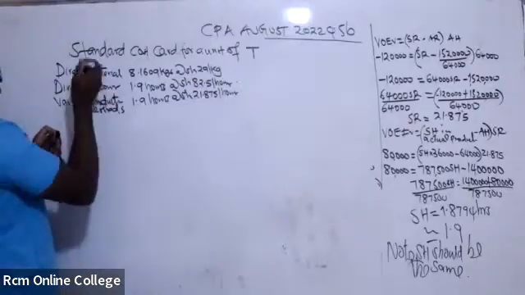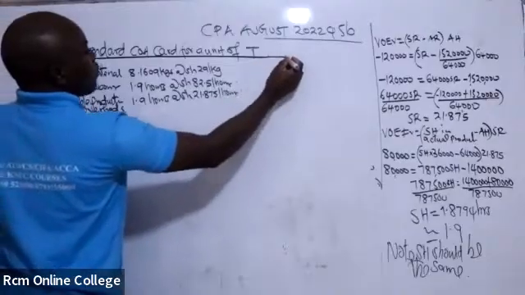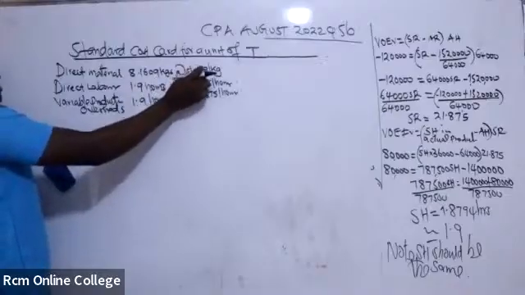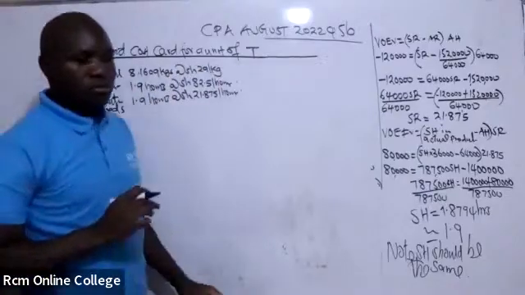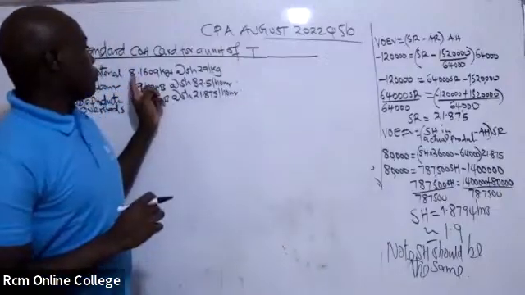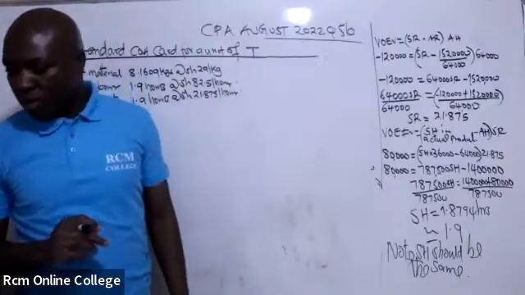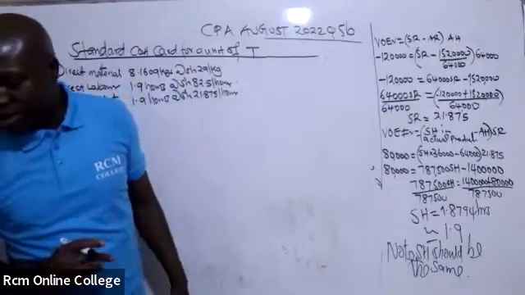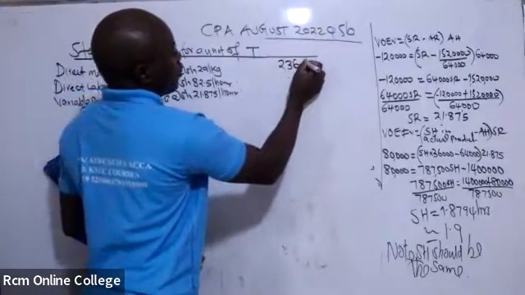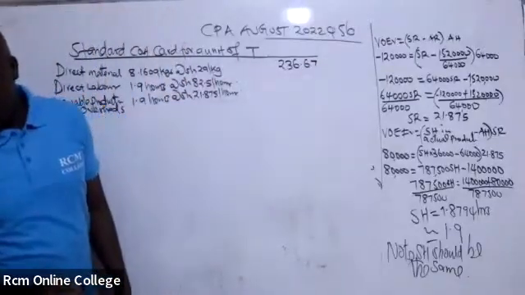So let's start with the first part. When you multiply 8.1609 times 29, what are you getting? Maybe round off to two decimal places. 8.1609 times 29, what are you getting? 236.67.